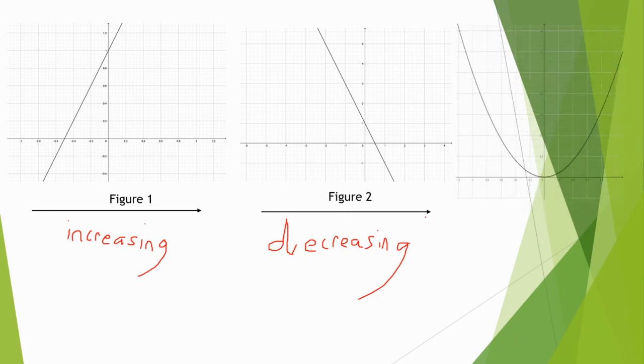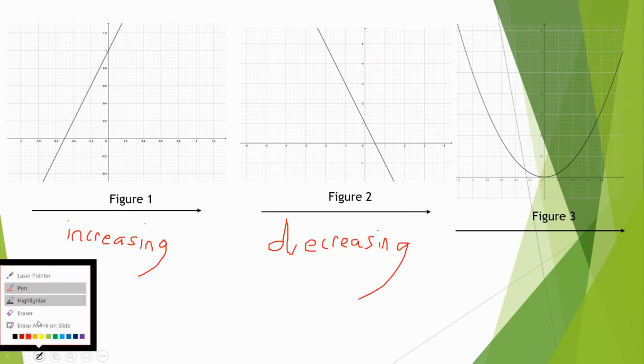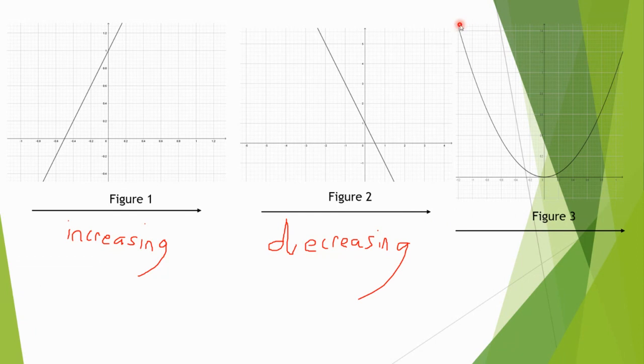Now here's another one. Hope everyone can see. What about this one? Notice that it starts out decreasing. As you first walk to the right from here, you can see that you're falling.